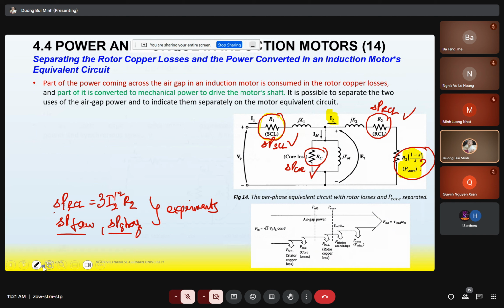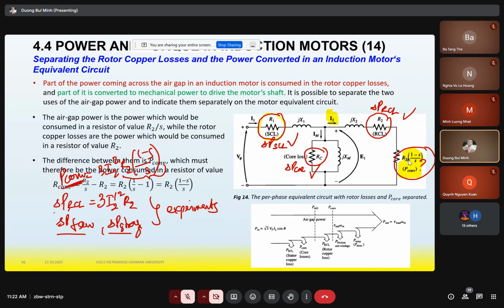Okay, because P converted is 3 I2 square R2 (1 minus S) over S. Okay, so P converted is directly proportional to this term R2 (1 minus S) over S. Okay, yeah. Any questions?